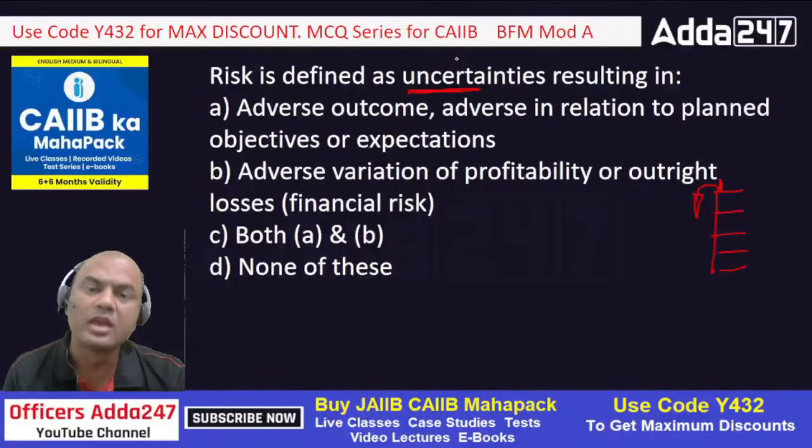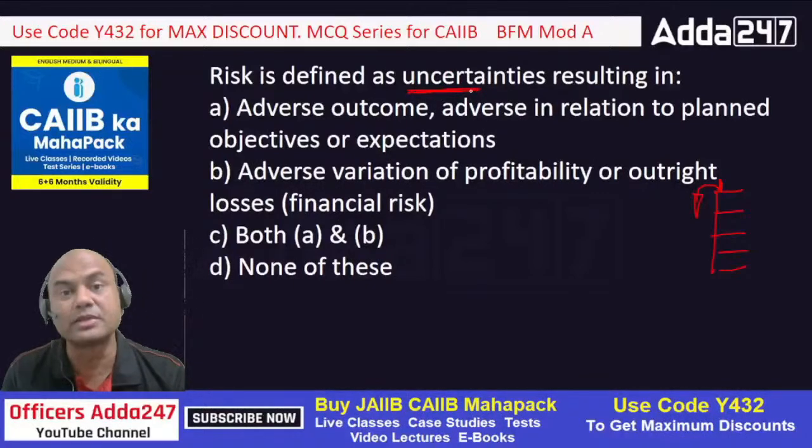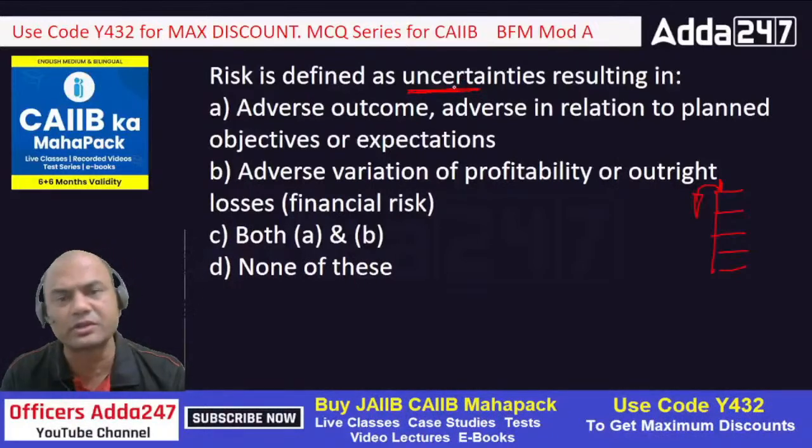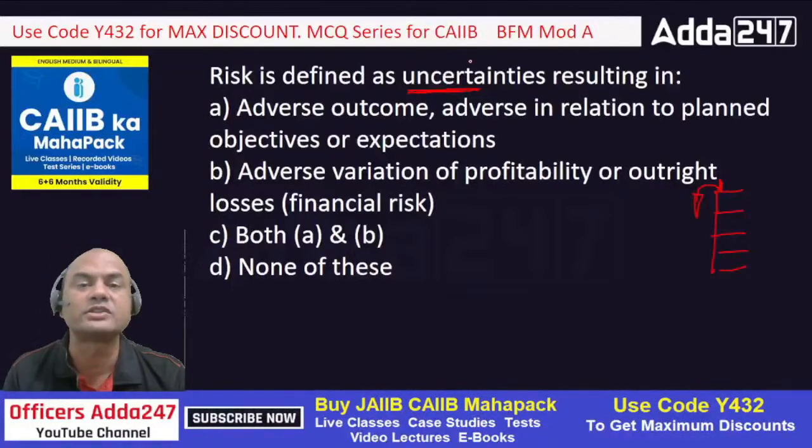Similarly in banking, if you invest in an FD in some good bank, nationalized bank or good private bank, then is there any risk in that FD? No risk, because you are getting whatever has been promised to you. Risk arises when you invest in, let's say, the stock market. There you don't know the returns.